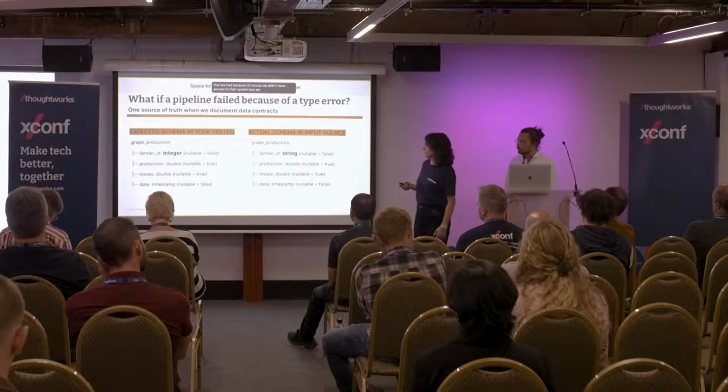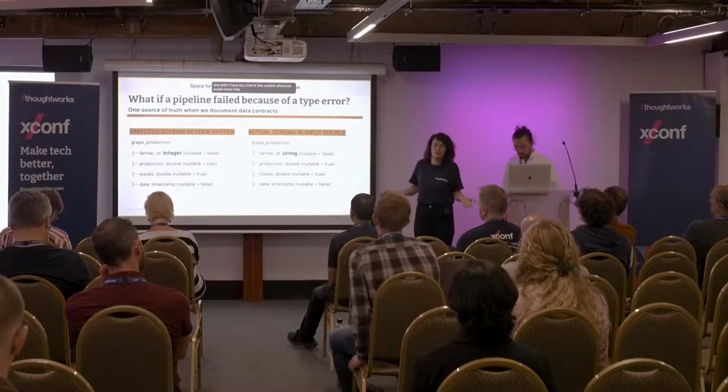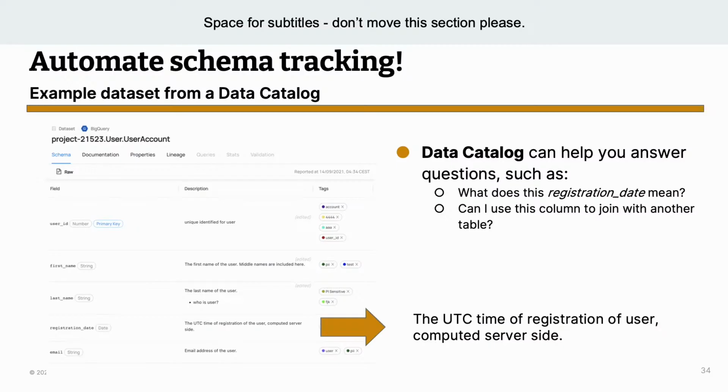And at the end, it was as simple as an ID we were expecting as an integer, but it was a string. So yeah. And the way to document this information is with data catalog systems.